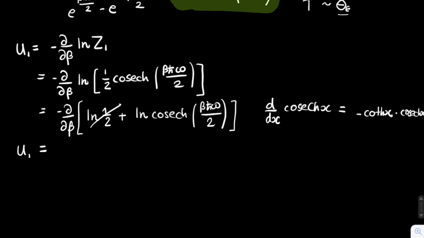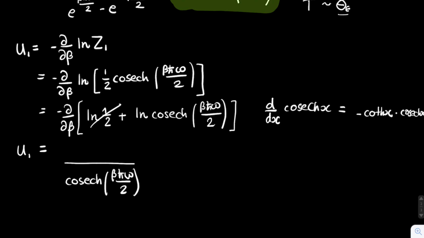So how are we going to differentiate this function right here with respect to beta? Well, since we've got a log function, then we're going to have 1 over whatever's in the log. So we're going to have simply cosec of beta h bar omega over 2 in the denominator right here. And on the numerator, we're going to have the derivative of cosec of beta h bar omega over 2.